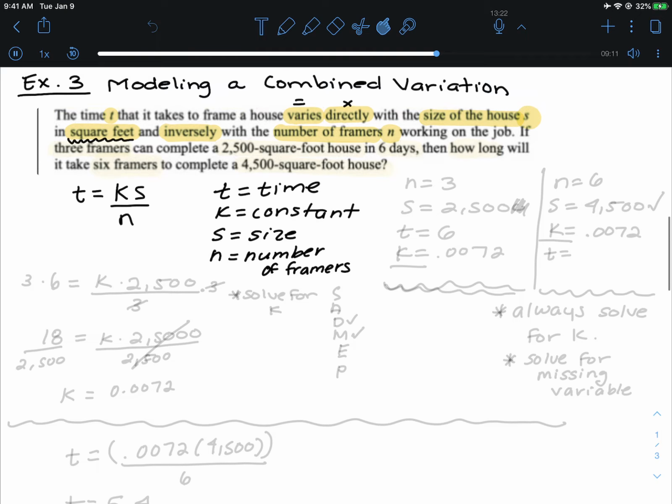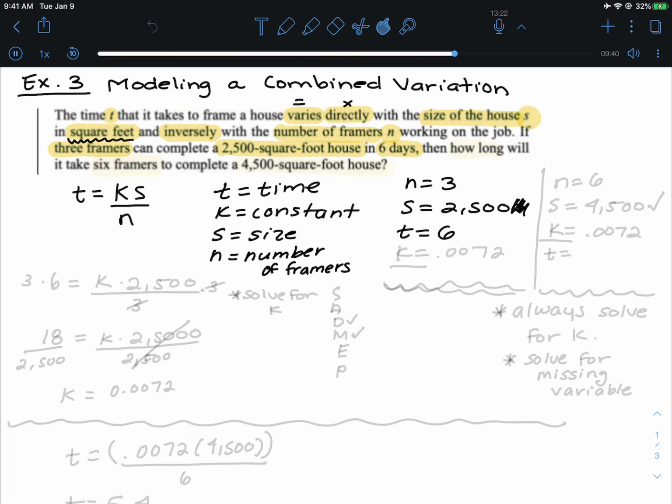Okay, so if 3 framers, so that means that n is 3 framers, can complete a 2,500 square foot house, oops, I put an extra 0, cross it off, in 6 days. All of this is important information, so 6 days.